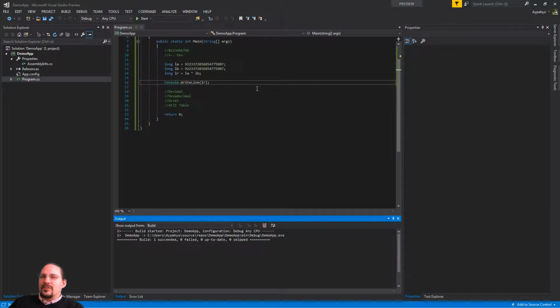64-bit math is actually not that easy, and especially for other languages like C++, if you multiply two 64-bit values, this might not compile depending on which platform you compile for and which libraries you have.